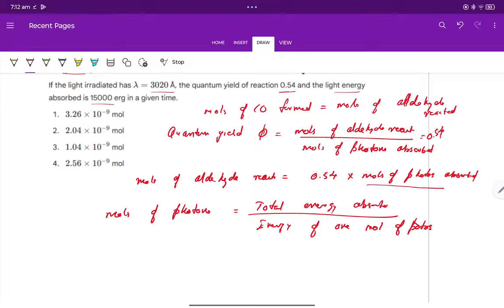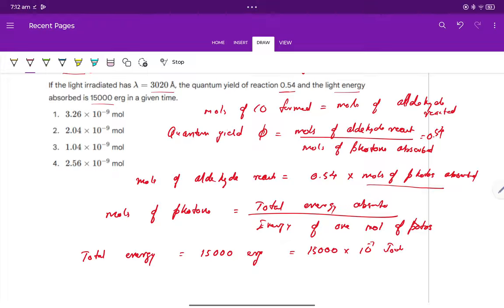Now, let us calculate one by one. So, we have to calculate the numerator first, the total energy absorbed. Energy is 15,000 ergs, and you have to convert it into joules. 15,000 ergs is equal to 15,000 into 10 to the power of minus 7 joules.